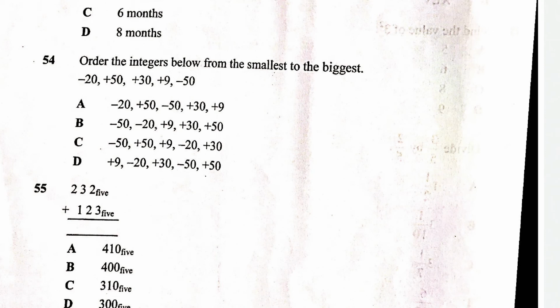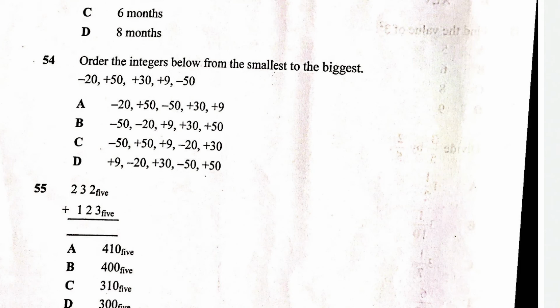So, all the numbers to the left of 0 on a number line are smaller than all the numbers to the right of 0 on the number line. So now, we have to look at those with negative signs, negative 20 and negative 50. So, negative 50 is to the left of negative 20.